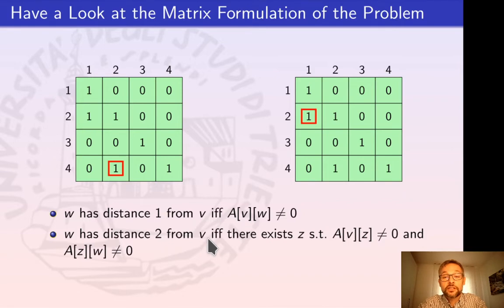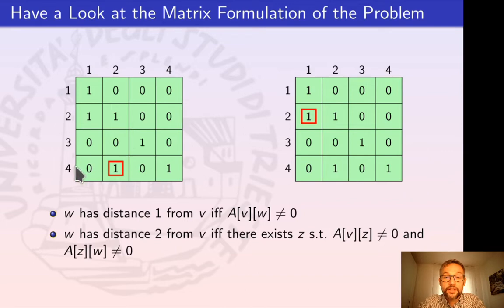Well, a node has a distance 2 from another node if there exists an edge moving from that node, so from V, to another node, let's call it Z, and then from Z to W. Okay, so looking at this, it is of course the very same matrix.